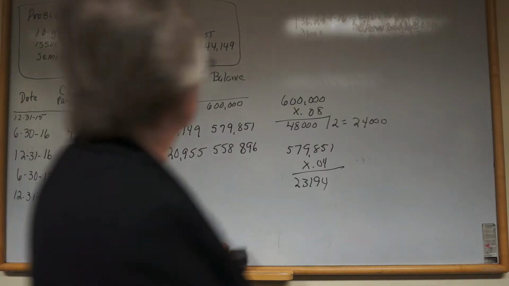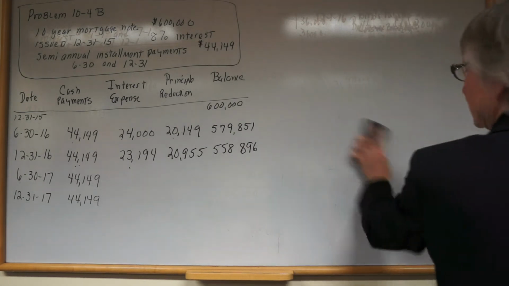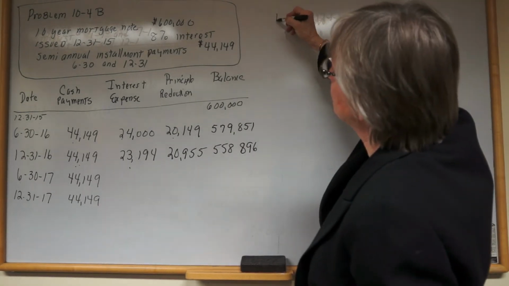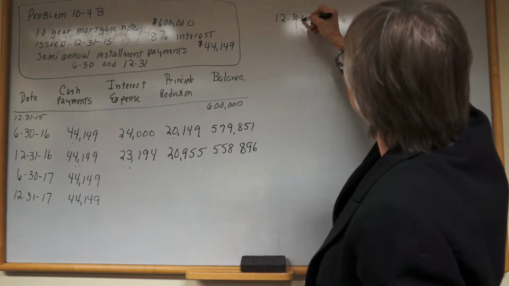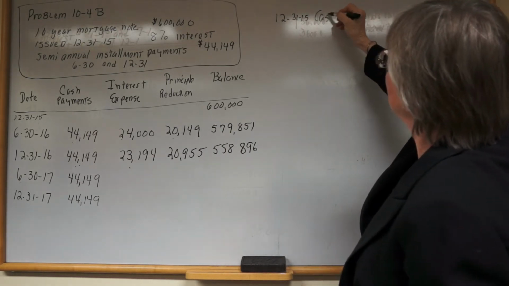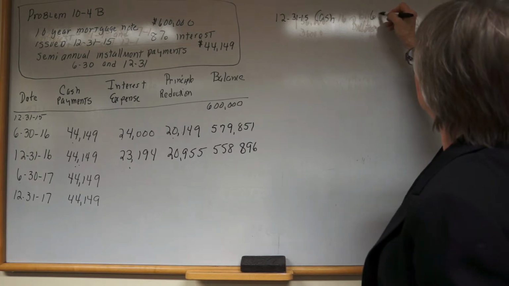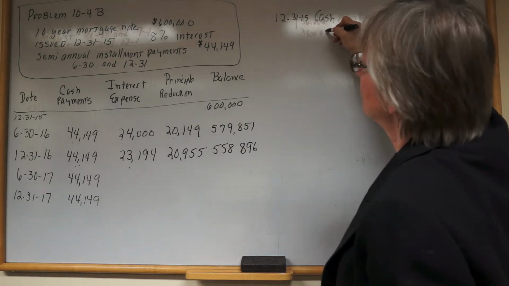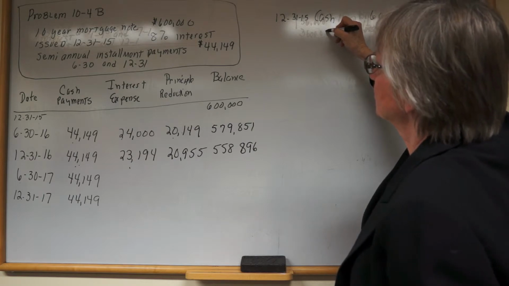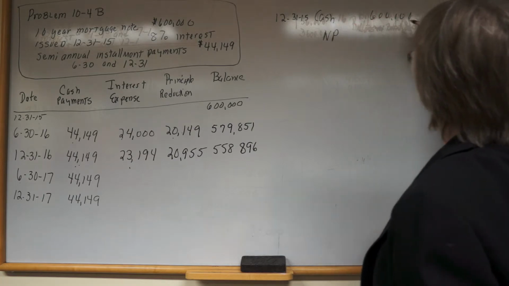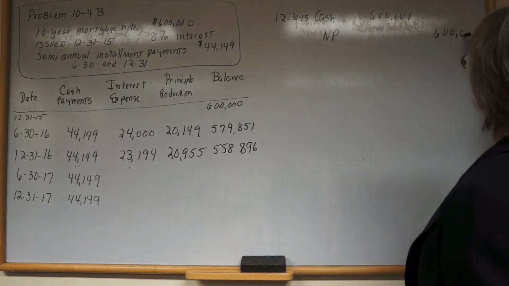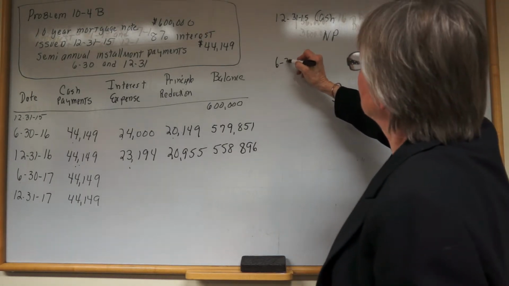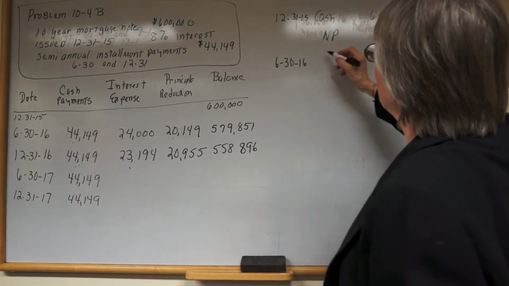Okay, so let's do the journal entries so far. Our first journal entry is on 12/31/15, we got some cash of 600,000, and we have a mortgage note payable, which I'm just going to shorten to note payable, if you don't mind, 600,000. Then on 6/30/16, we make the first interest payment.